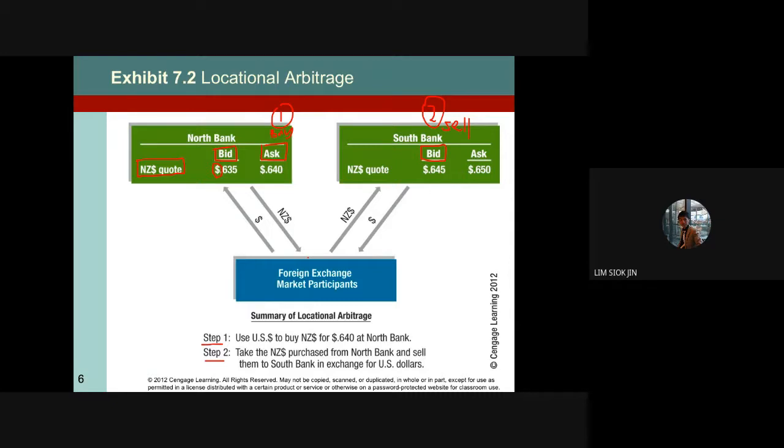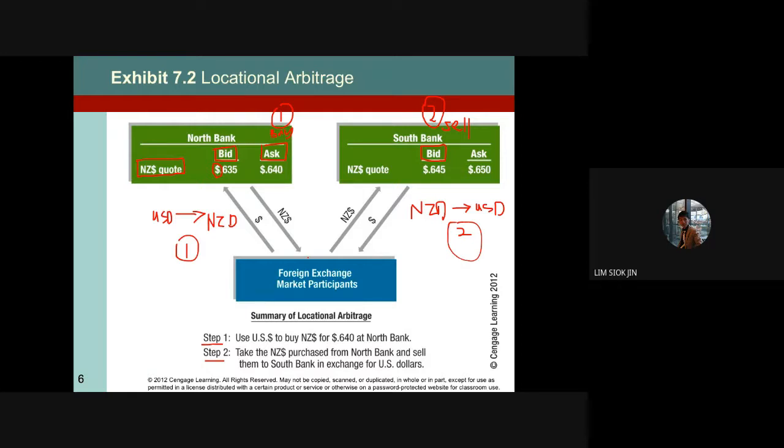In your case, you only need to take your US dollar, change to New Zealand dollar, USD to NZD, and you come here. This is step 1. Step 2, you take your NZD, New Zealand dollar, change to USD. And just like that, you make a profit. Okay, it's a no-brainer. You don't even need to use your brain. You only need to change money from one place and then change back your money in another place and you make profit. So this is what is known as arbitrage.